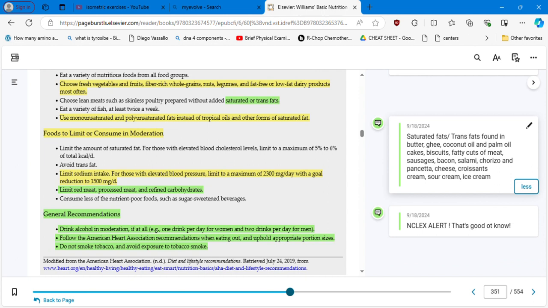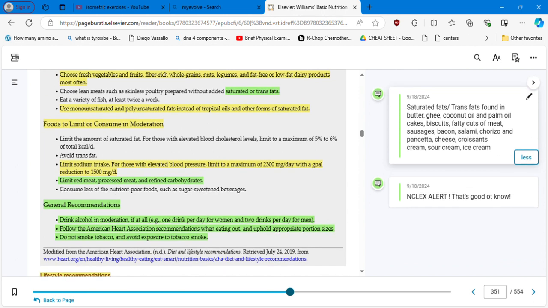Now, foods to limit or consume in moderation. You have 3, 4, 5 items here. I would say most important is to limit the sodium intake, and that's good to know. Okay, for those with elevated blood pressure, limit it to a maximum of 2300 mg per day, with a goal reduction to 1500.